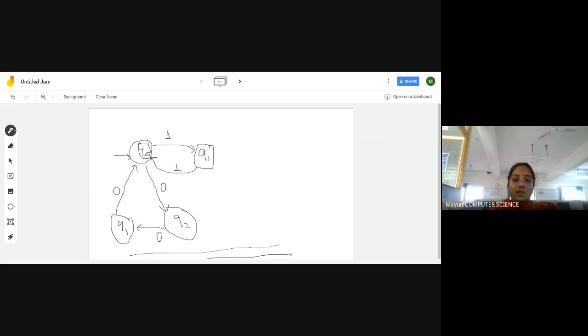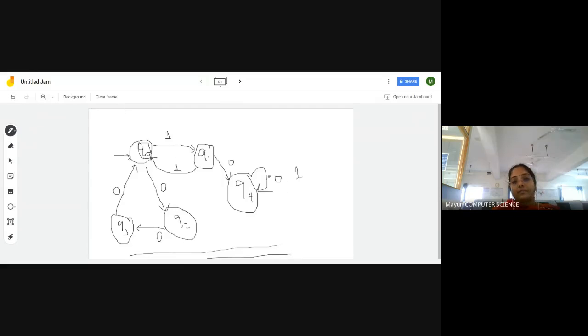So don't worry, you can convince. I'll go with a state called Q4, which is the dead state, for any other input. Mention that it's a dead state, and then make the remaining inputs go to Q4.